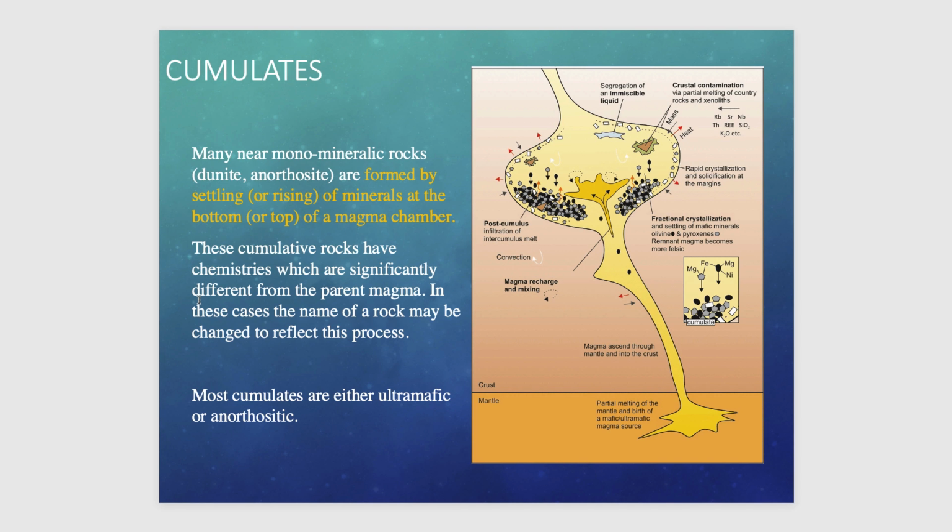So most cumulates will be either ultramafic or anorthositic in composition, depending on whether you have mafic minerals as the dominant ones, like the chromites, for example, or anorthositic if they are feldspar dominated. So if you have dominantly plagioclase like labradorite, we saw already some examples of that, you might form these almost monomineralic rocks as a result of these processes, and so they take those peculiar names.